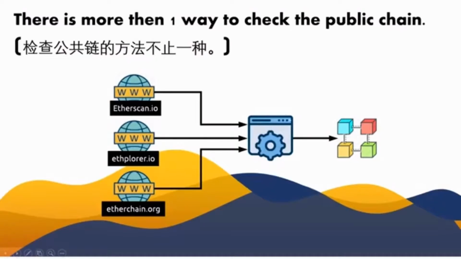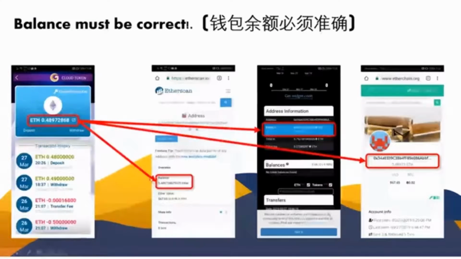Etherscan will read from the public blockchain and display the actual data. Same with ETH Explorer and Etherchain. So now we have a Cloudtoken wallet here. It shows the balance, and you check with Etherscan.